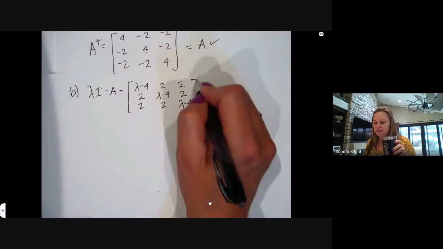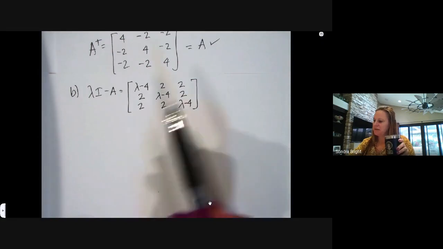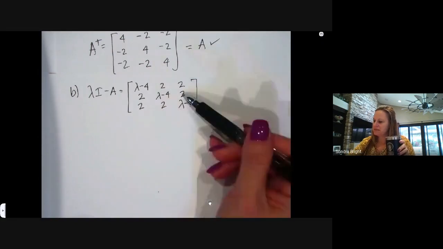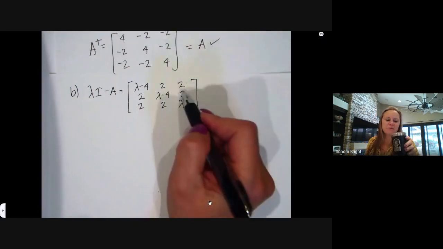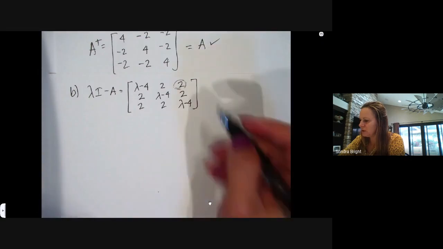All right. So that you don't end up having to have 3 terms, let's zero something out. I'm going to zero out this guy right here, just to make your computations easier when you go and have to find the determinant. So I would do negative row 2 plus row 1.